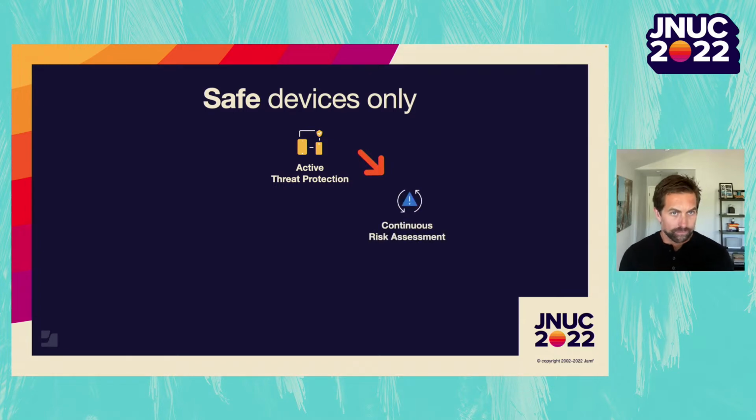Second, we have continuous risk assessments that are constantly looking for risky behavior or a risky profile of the device. Take, for example, an outdated OS or a new OS release. The user may be protected by our active threat protection capabilities in that they don't have malware or anything really malicious on their device, but a new OS just rolled out that has a lot of critical vulnerabilities.